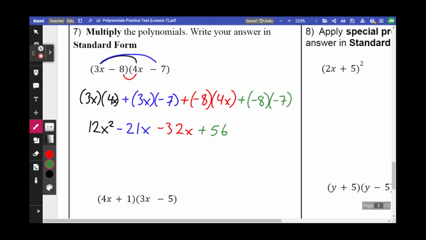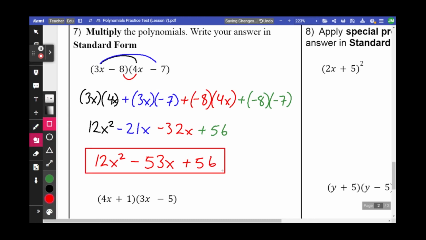I see I have two middle terms, the blue and the red, and those will add up to a number that is more negative. So 21 and 32 make 53 negative, and then plus 56. And this should be my answer.